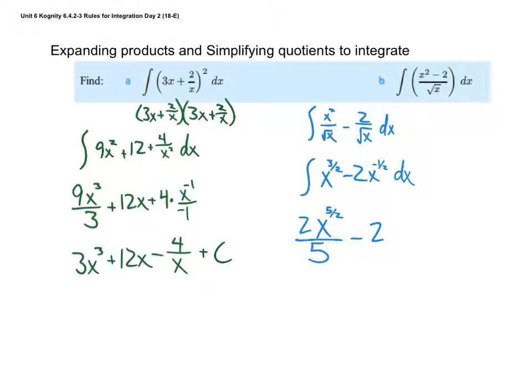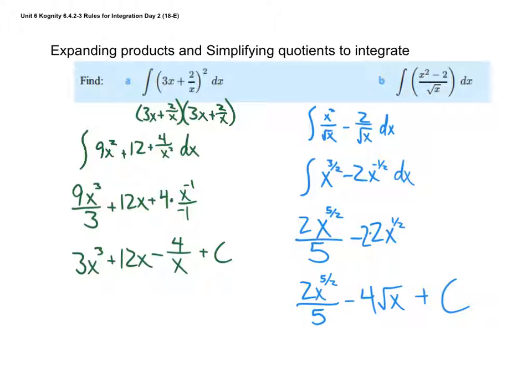We add 1, it's x to the 1/2, divided by a half, so it's just times 2. So we have 2x to the 5 halves over 5 minus 4x to the half, or you can make it radical x, it doesn't matter, and then plus c.